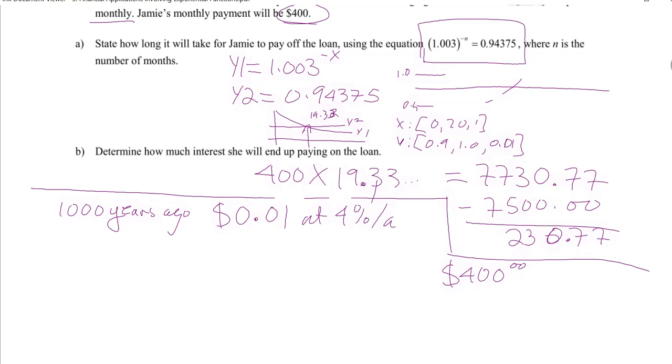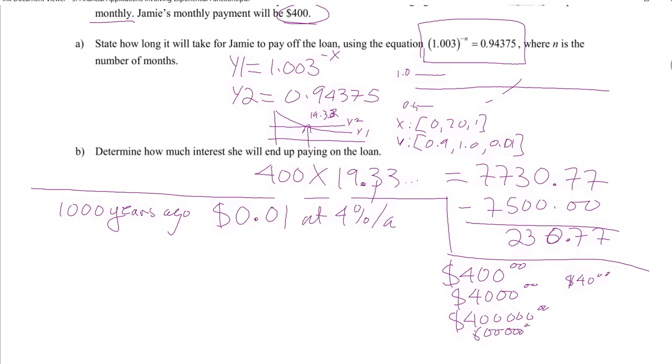Take a wild guess. $4,000. Wilder guess. $40. We're stuck on fours. 400,000. 800,000. All right, well, we can figure this out.